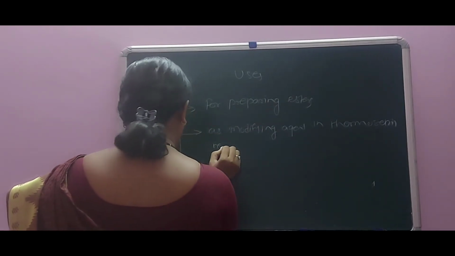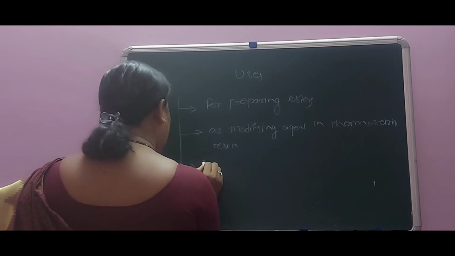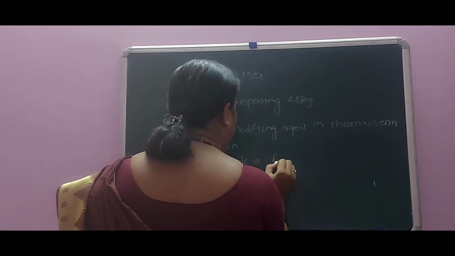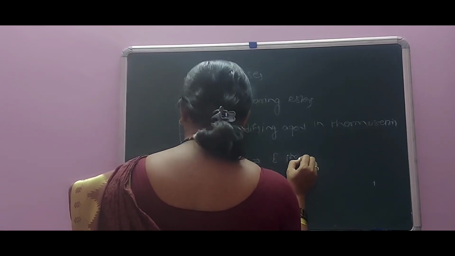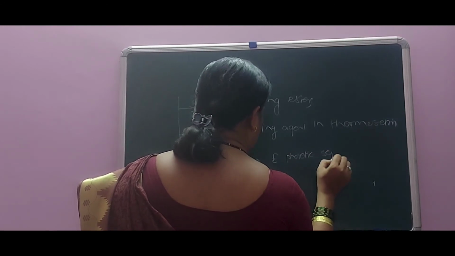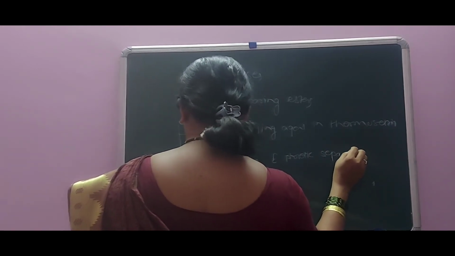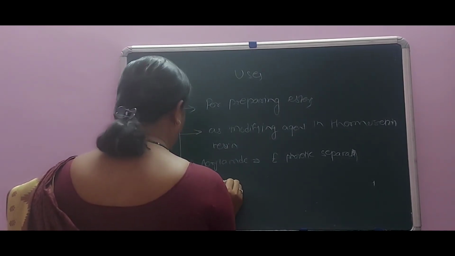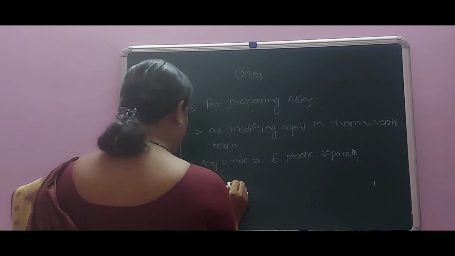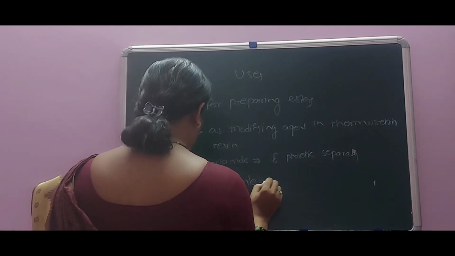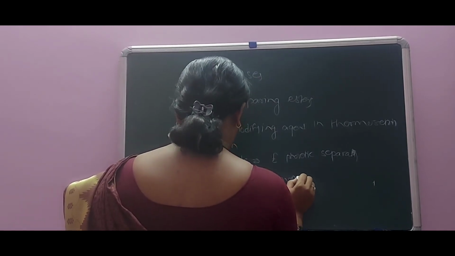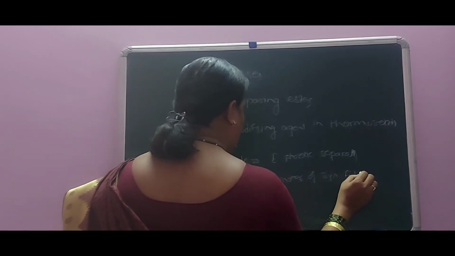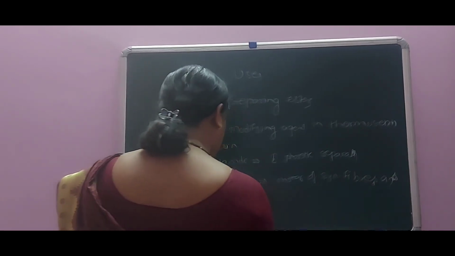Third, acrylamide is used in electrophoretic separation, and acrylonitrile is an important monomer of synthetic fibers and rubbers.